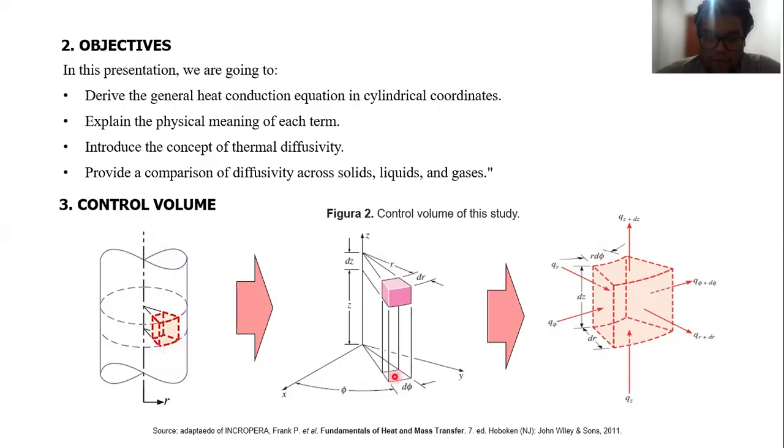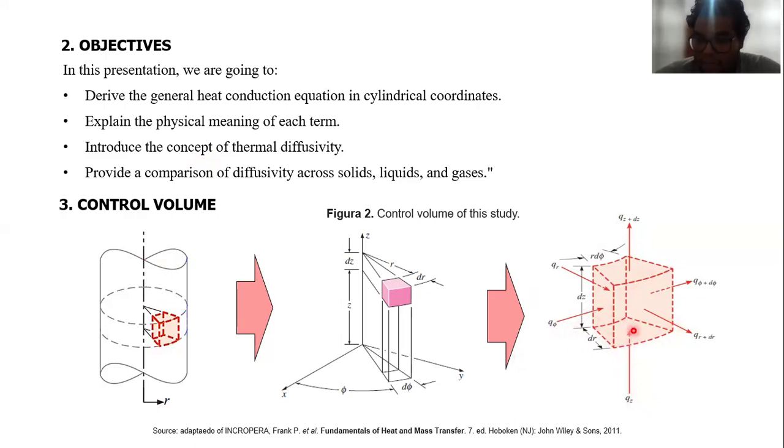We have this portion in a Cartesian plane, in which we have the x axis, y axis, and z axis. And we are going to zoom in on this parallelepiped, and we have this one, right? In this case, we have three axes: r, z, and theta.